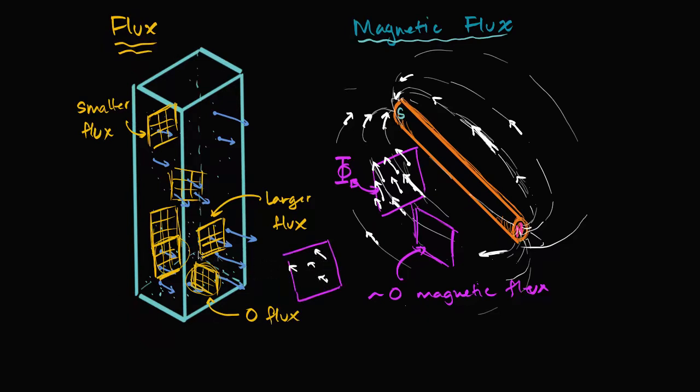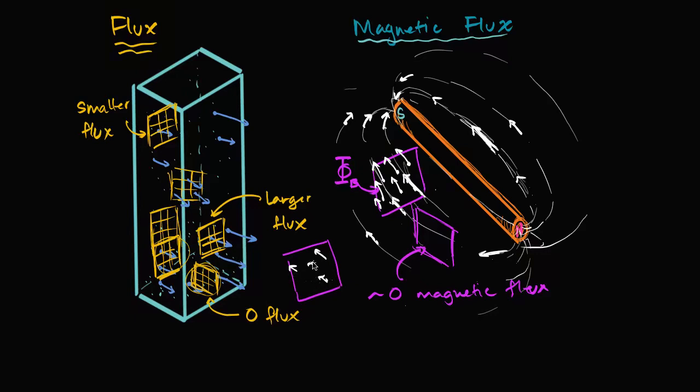So it has a lot of the same properties as the more physical flux we were talking about before. Instead of talking about the velocity vectors of the air molecules and how those relate to the surface, here we're talking about the magnetic field vectors and how those relate to the surface. But the analogy is still the same.